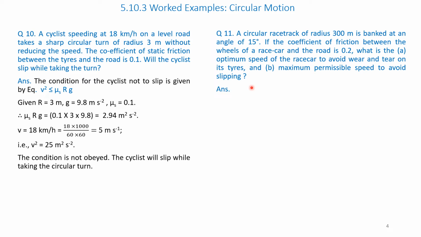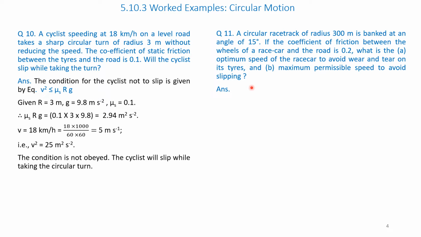Answer. On a banked road, the horizontal component of the normal force and the frictional force contribute to provide the centripetal force to keep the car moving on a circular turn without slipping. At the optimum speed, the normal reaction's component is enough to provide the needed centripetal force, and the frictional force is not needed.